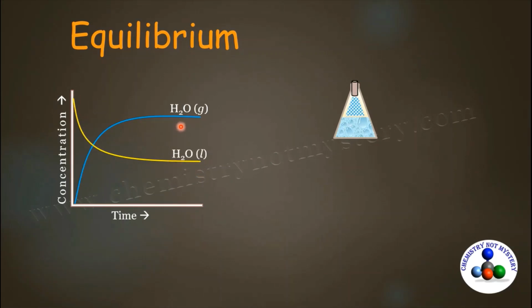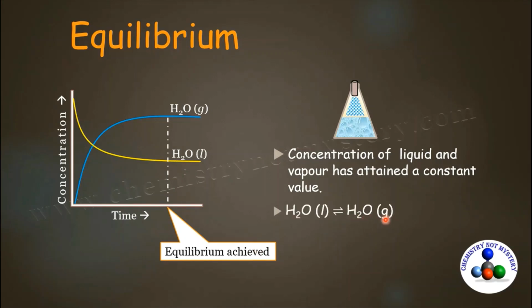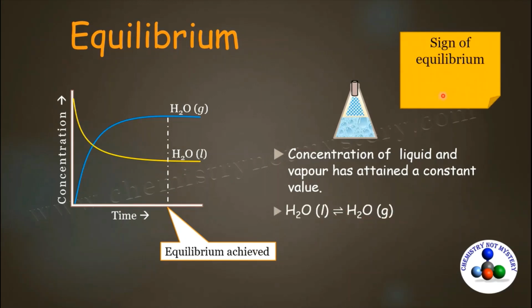At a certain point, concentration of water vapor and water both attain a constant value. This point is known as equilibrium. Now we can say liquid water and water vapor are in equilibrium. This is the sign of equilibrium: half arrow in forward direction and half arrow in backward direction.